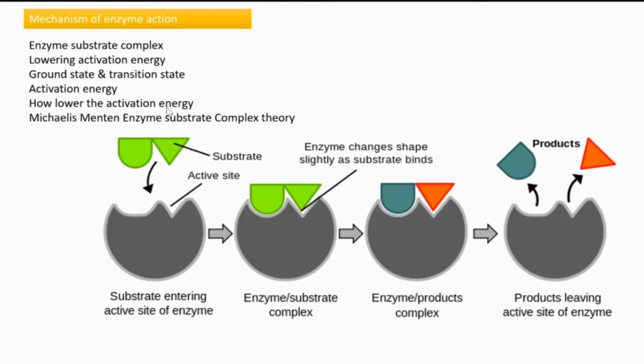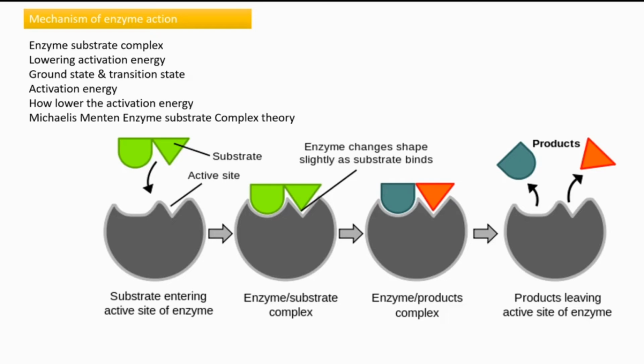We are going to understand how the activation energy is lowered by the presence of enzyme. Whenever a substrate binds with an enzyme, that binding is through some weak bonds like hydrogen bonds, van der Waals forces, ionic bonds, hydrophobic bonds, or hydrophilic bonds.